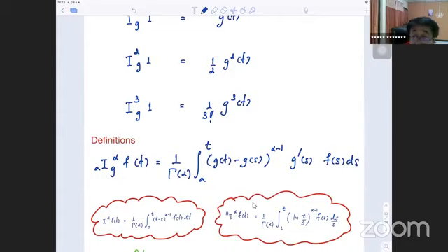Okay. Next we compare with Hadamard fractional integral. Okay, this gamma function, and if g(t) equal to log t, g(s) equal to log s, and g prime, derivative of log is 1 over s. Oh, it can be reduced to this, the Hadamard formula.